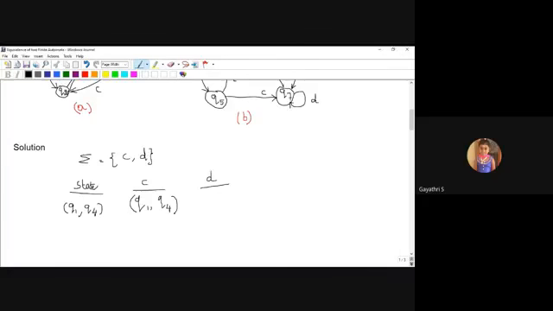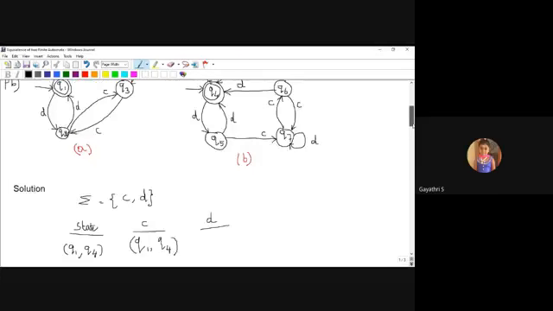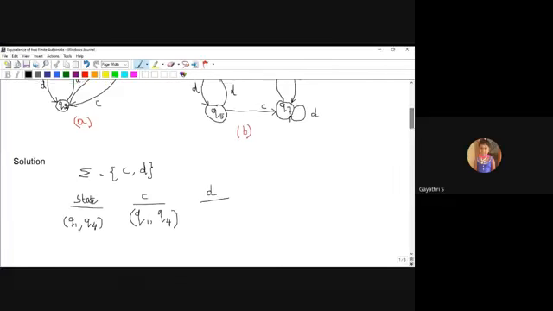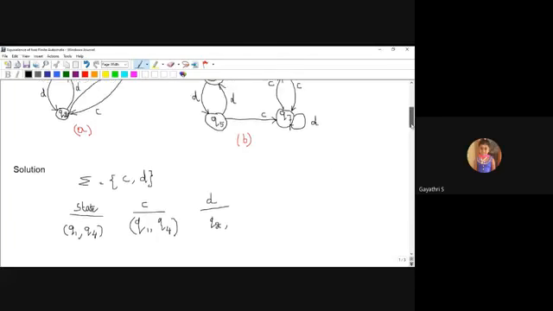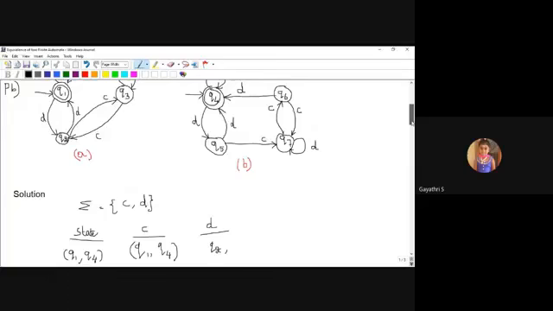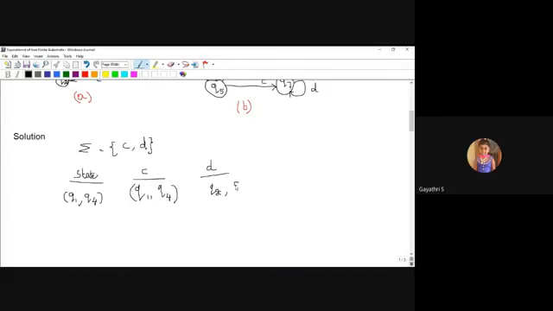Next, D. Q1 on D moves to Q2. Q4 on D moves to Q5. This is one of the new pairs, Q2, Q5. I'm going to check whether this is a valid pair or not.